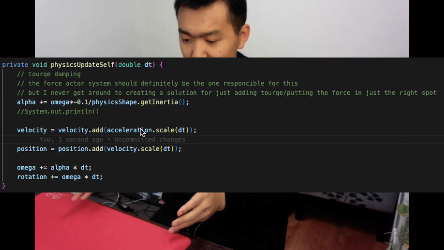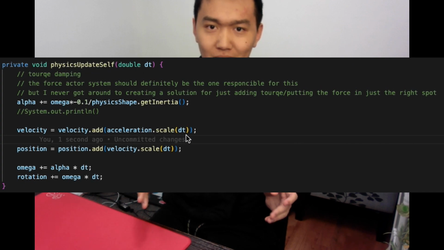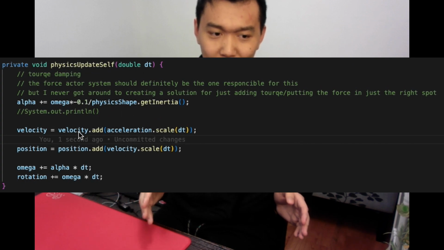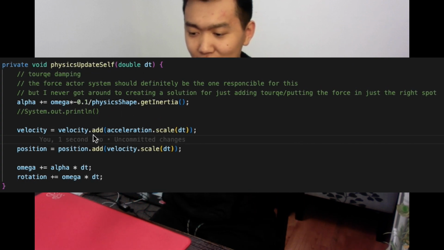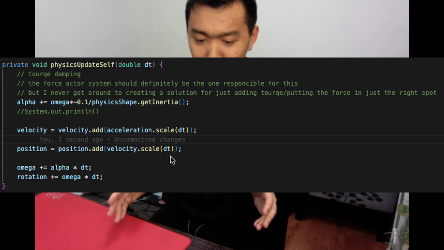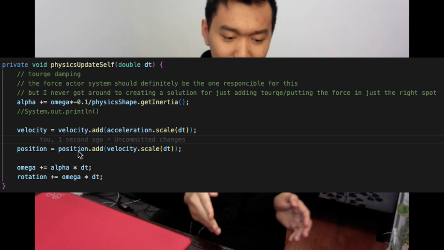basically just a version of Euler's method, which sounds fancy and all, but it's literally just we're going to take acceleration and multiply it by the amount of time that has passed and change the velocity by that, and then we're going to take velocity, multiply it by the amount of time that has passed, and add it to position.